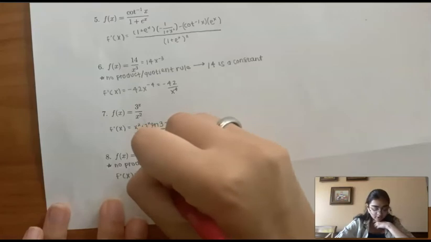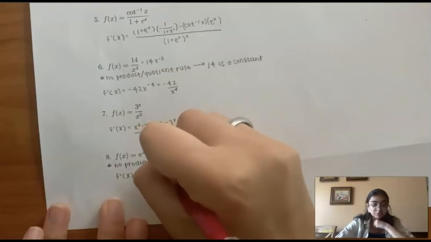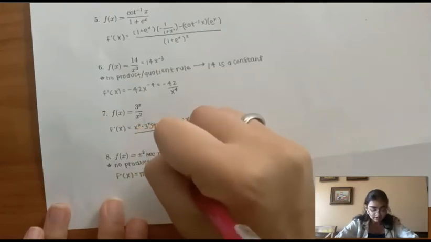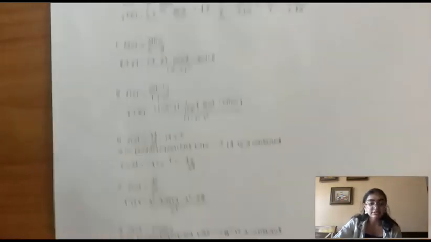So we'll have the derivative of f of x equals pi squared, keep that the same, and then the derivative of secant x is secant x tan x.